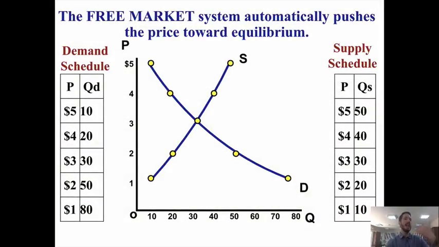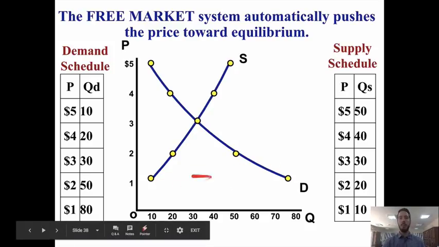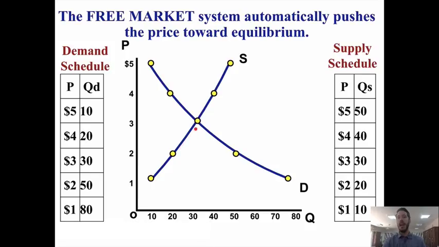So what will always happen in these systems is when there's a shortage, producers will raise the price, and when there's a surplus, producers will lower the price. And these two systems are always going to work together until you have equilibrium.